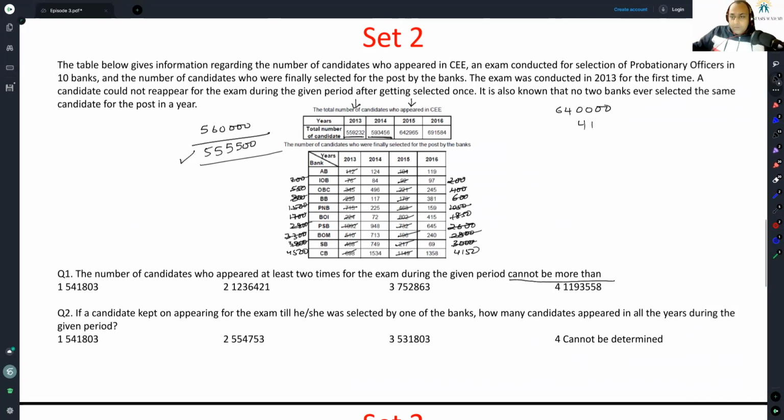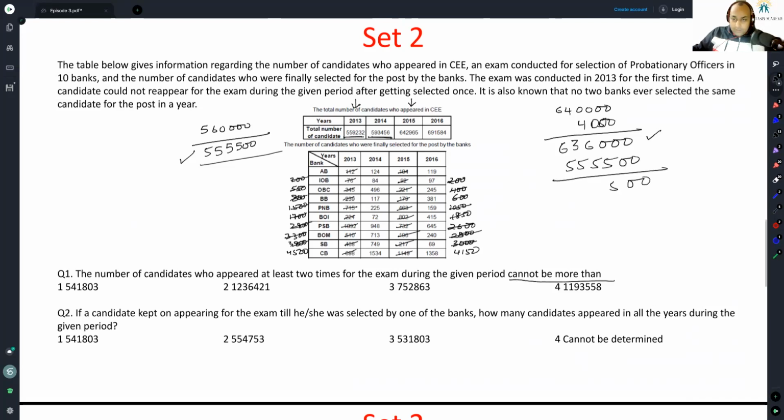Okay, 4150. I'm not that heavy a number, so 636,000. These many people, can they appear in the exam in 2016? Yes. These many people can most definitely appear for the exam in 2016. So I'm going 555,500. Let's add them up.